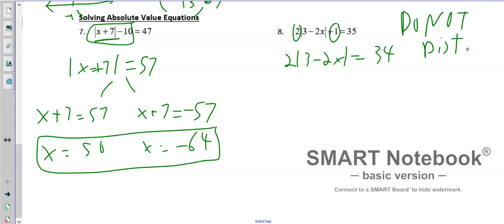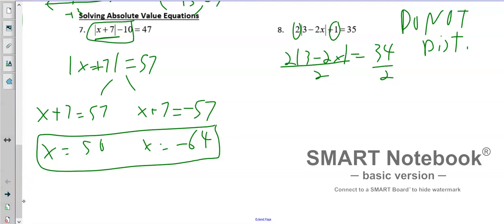Most common mistake is to want to say absolute value of 6 minus 4x. No such thing. They're not parentheses. You can't distribute. They're absolute value bars. We divide by 2. And notice we're not branching off yet. Now we have 3 minus 2x in absolute value bars equal to 17.